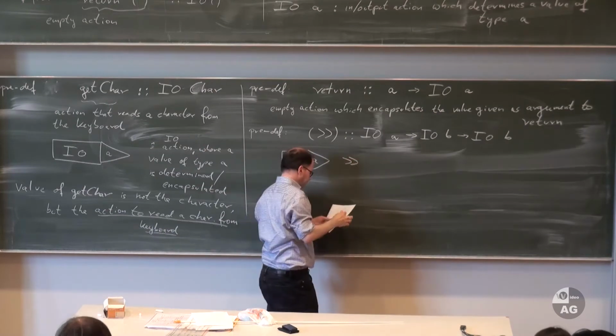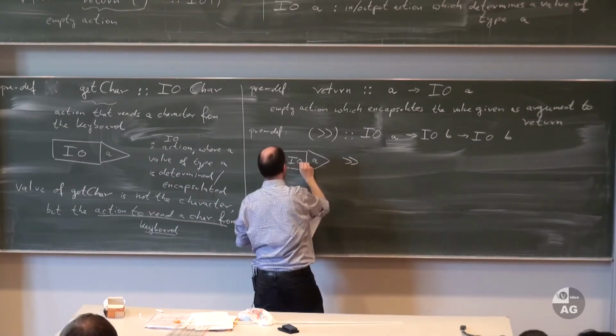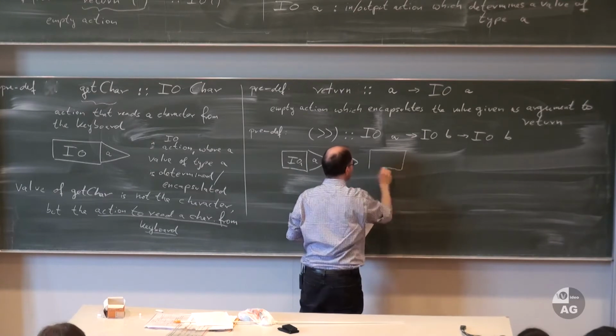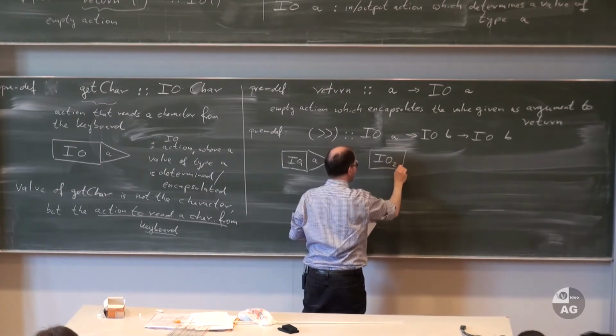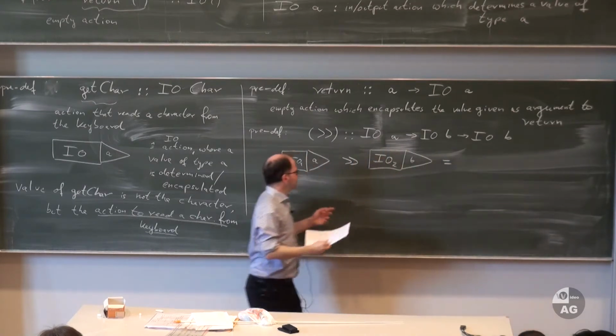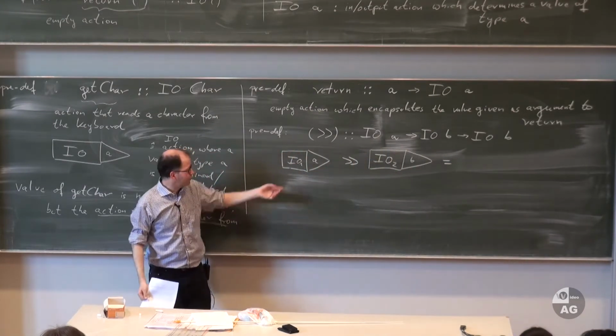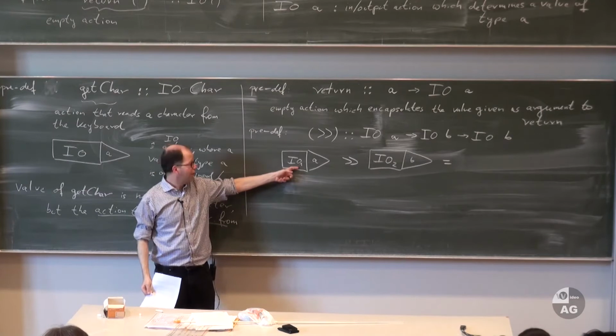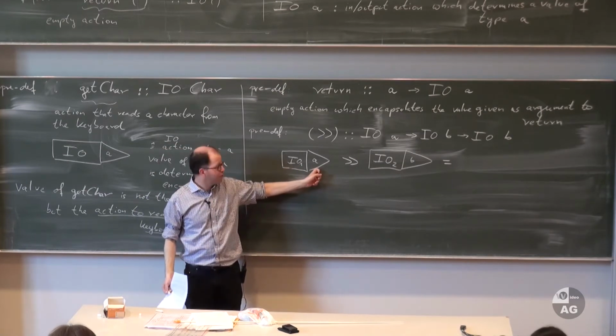So this is the first IO action. The second IO action determines a value of type B, and then means that you create a new action which first does this, then throws the value that was determined here away. It simply ignores it.